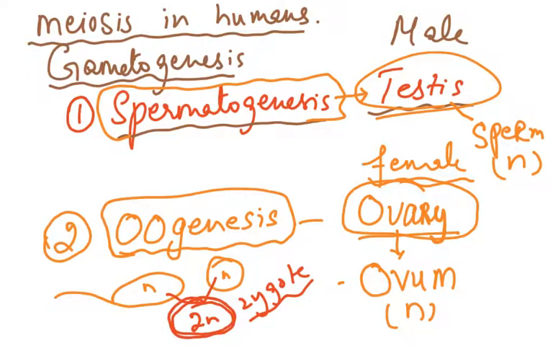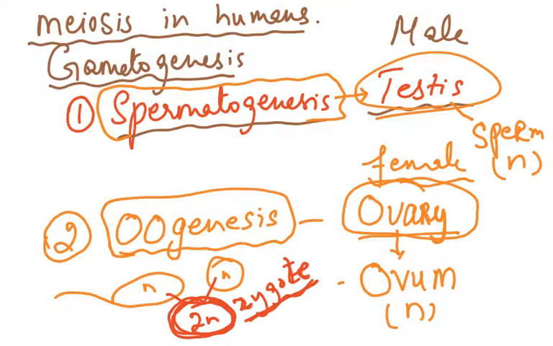The zygote is the beginning, and that's what is mentioned in the Quran. From a drop, a human being was created, and that drop is the cell. The cell is the zygote. So the zygote is this one cell which is the beginning, and it contains the diploid number.